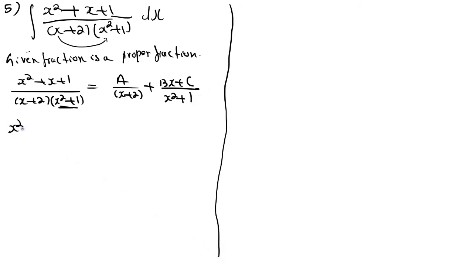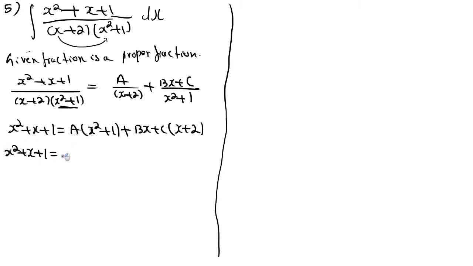X square plus x plus 1 is equal to a into (x square plus 1) plus (bx plus c) into (x plus 2). Next step, simplify this one. X square plus x plus 1 is equal to a x square plus a, b into x is bx square, plus 2bx plus cx plus 2c you will get.